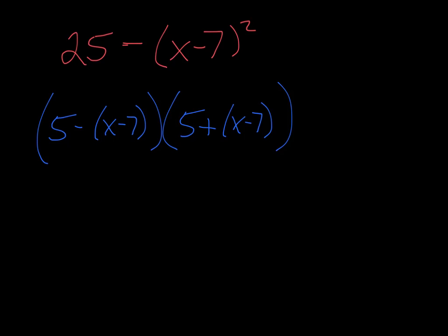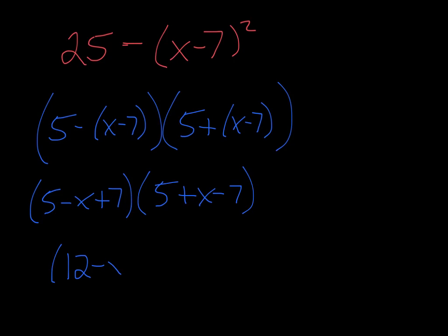If you distribute that negative sign, you would have 5 minus x plus 7 and 5 plus x minus 7. So now when you combine like terms, you would end up getting 12 minus x times negative 2 plus x. So just be careful with subtraction signs.